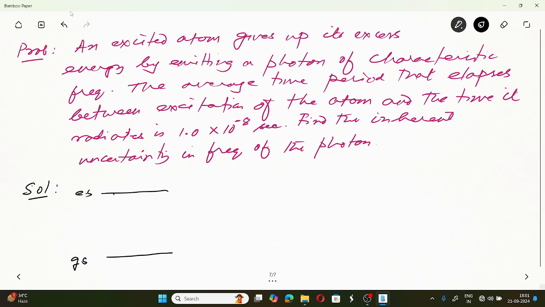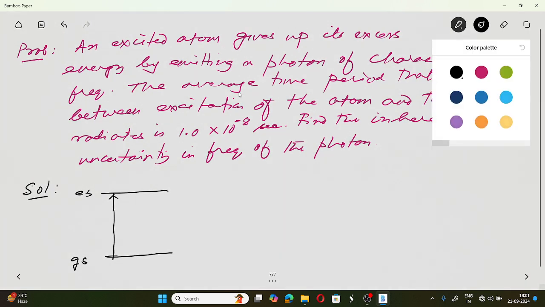So an electron is transferred to the excited state, and the excited atom gives up its excess energy by emitting a photon of characteristic frequency.